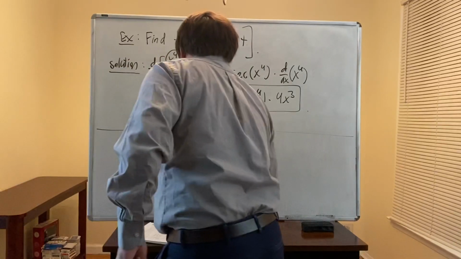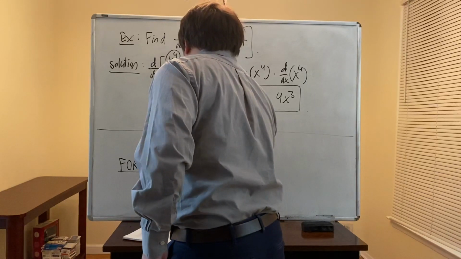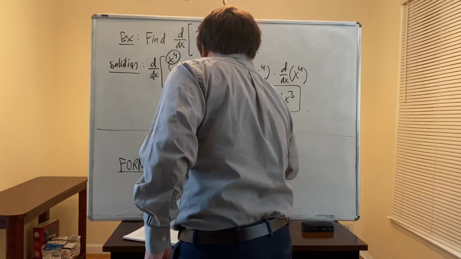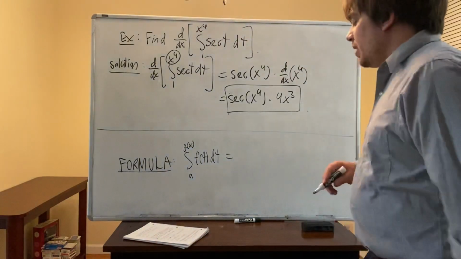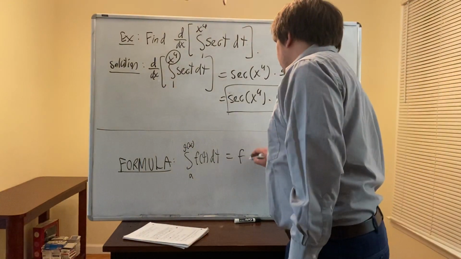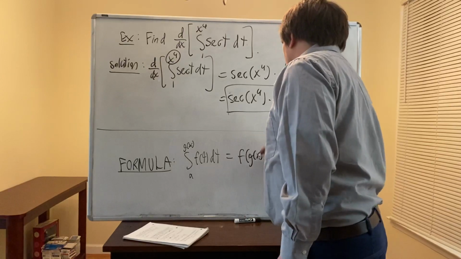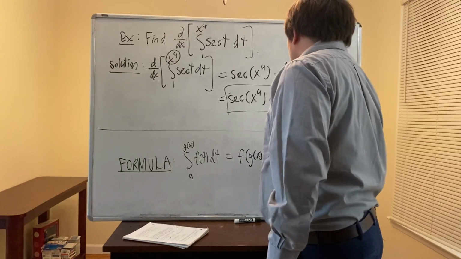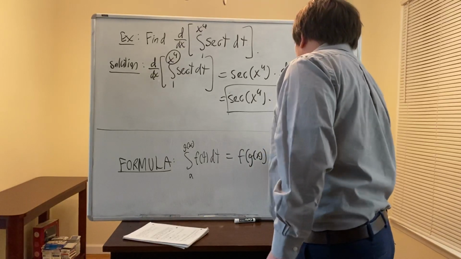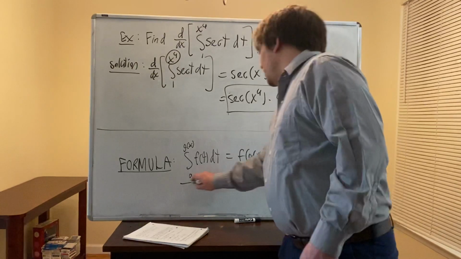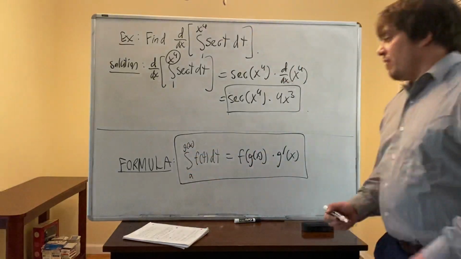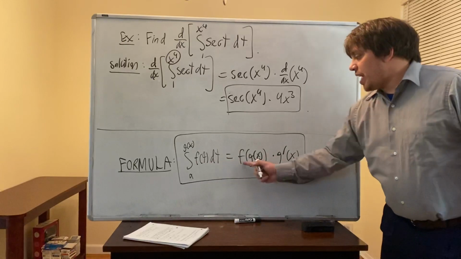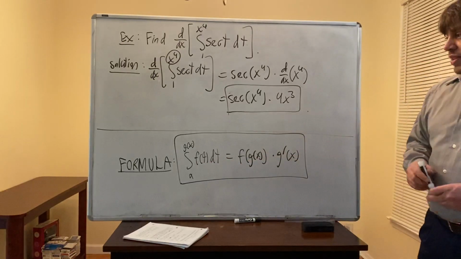If you have a definite integral from a to a function g of x of f of t dt, this is f of g of x, so you plug in the function g for your variable, so it's f of g of x times g prime of x. That's the formula.